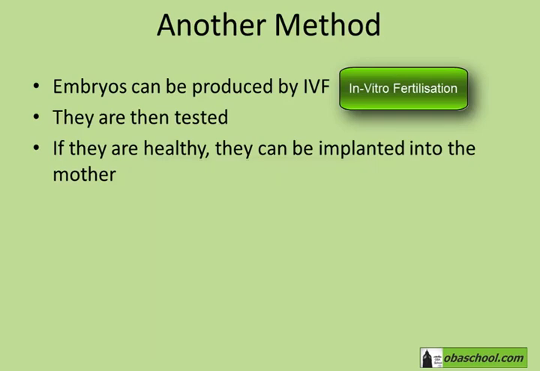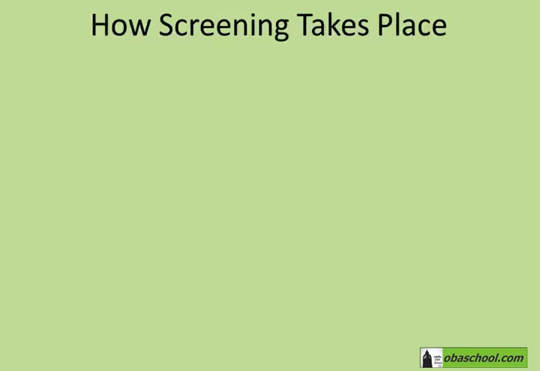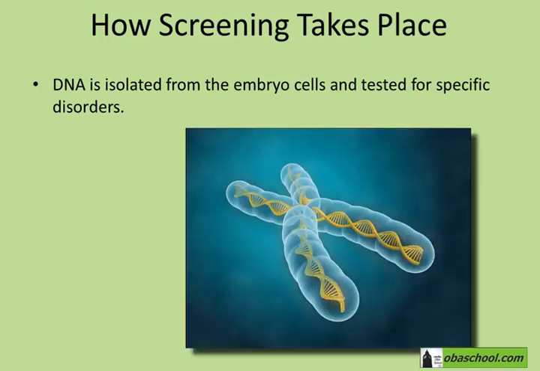So these are methods of obtaining cells of the fetus, or in this case, the embryo, in order to perform genetic screening. So what is genetic screening? Genetic screening is simple. It is basically one principle.